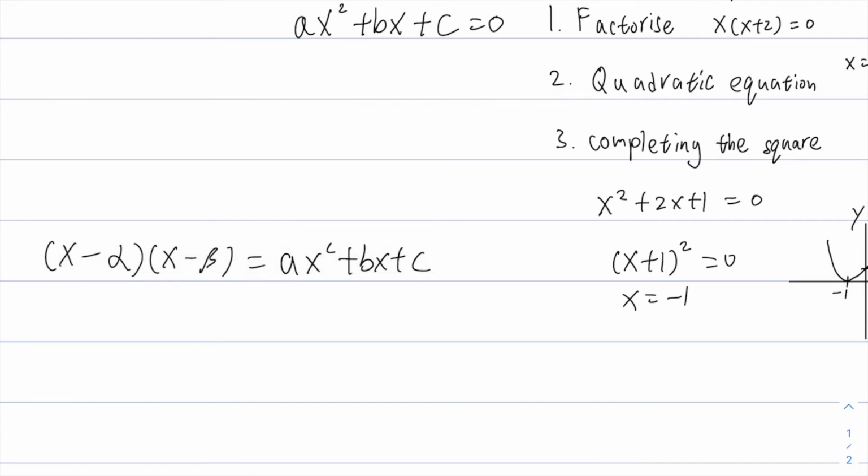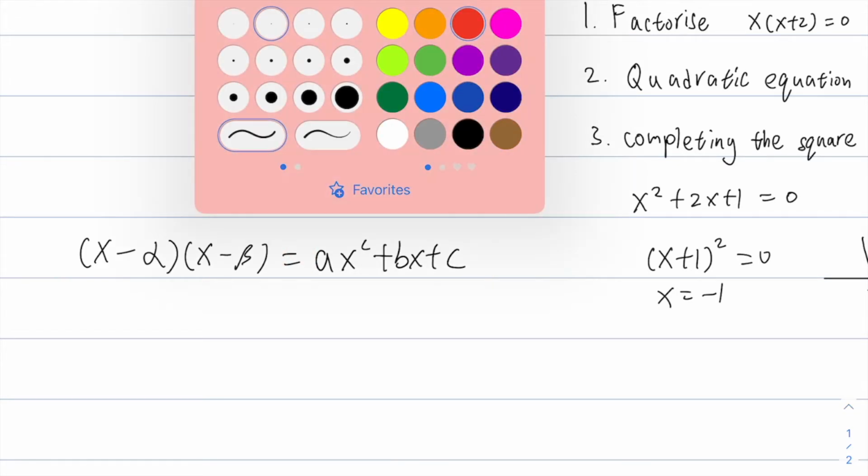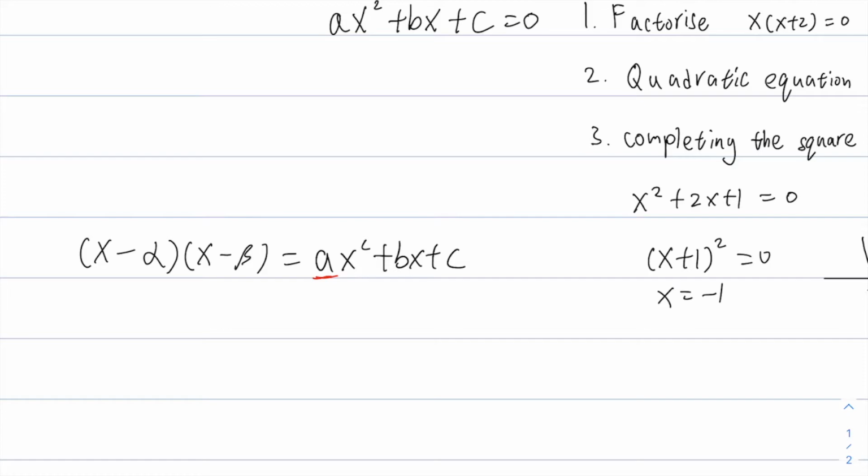When we look at here, no matter how we expand or switch the position of the coefficient, we still won't be able to get from here to here because there's a constant a in front of here. So all we need to do is just times a in there, and they should be the same.